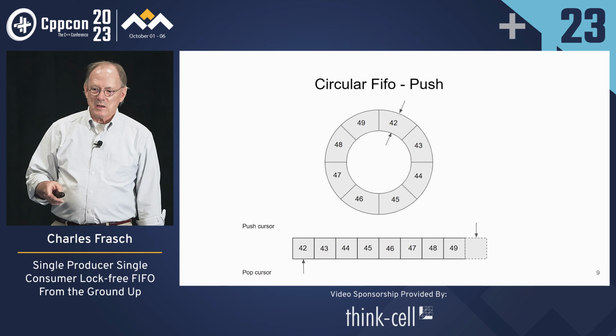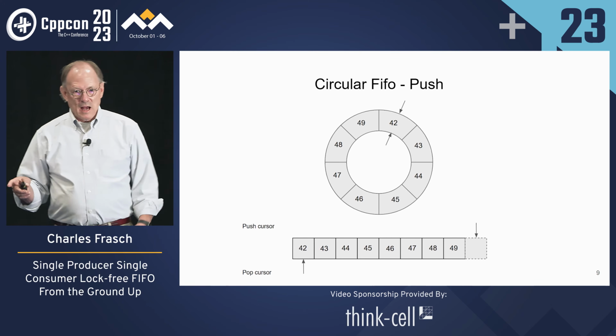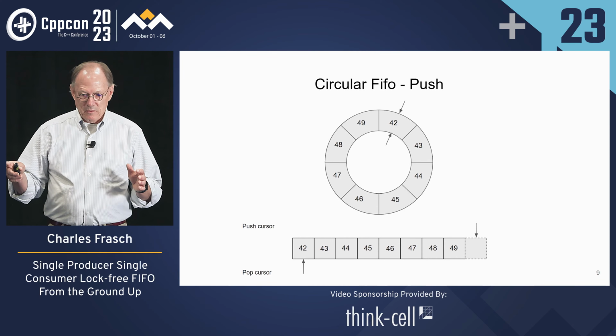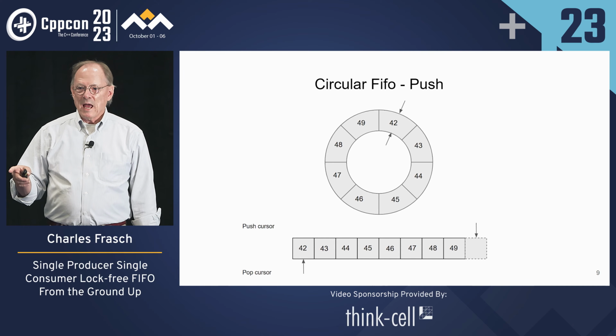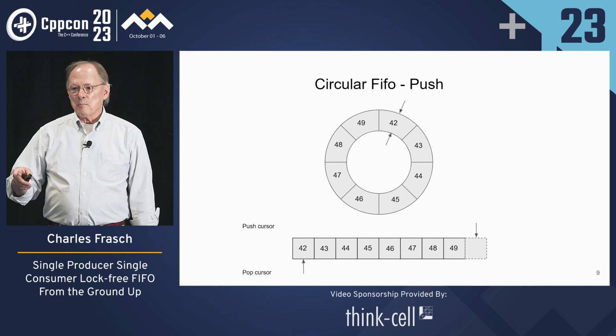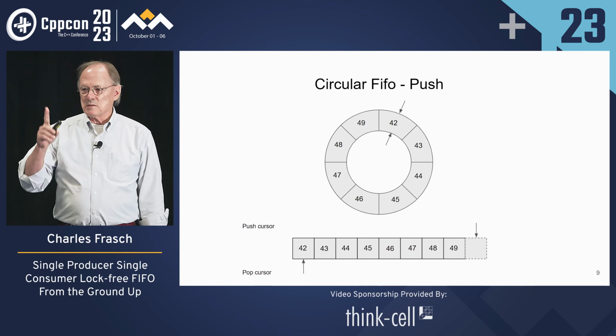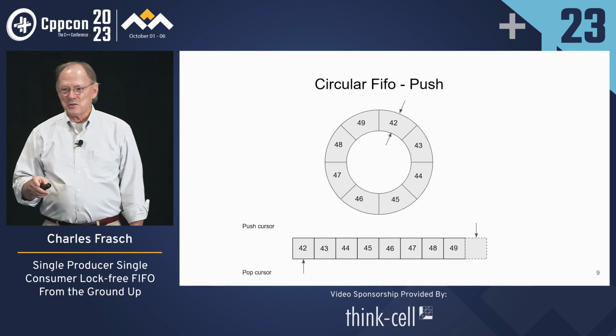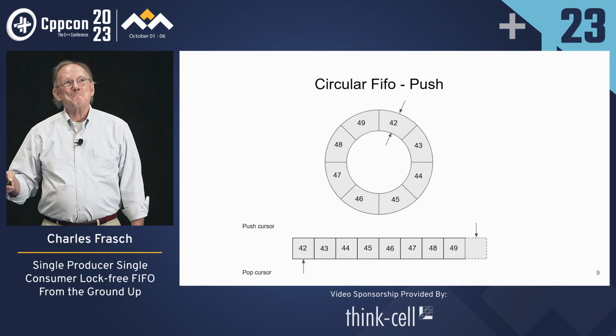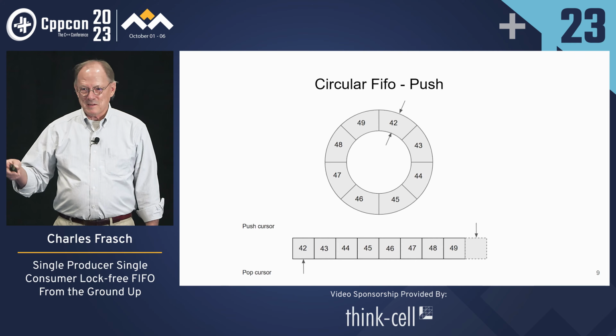And the other way you can do it is constrain the size of the capacity of the FIFO to an integral power of 2 and use the AND operator with 1 minus the capacity. That's a 1-cycle operation. And I'll try to show the difference in performance at the very end of the presentation.